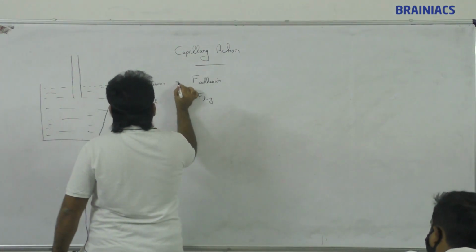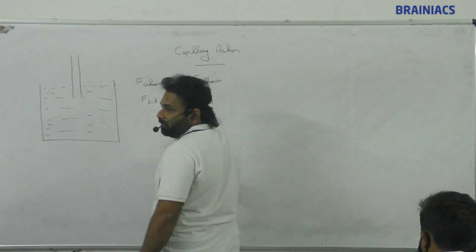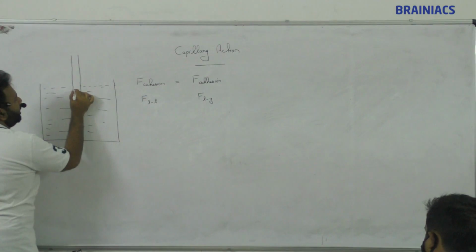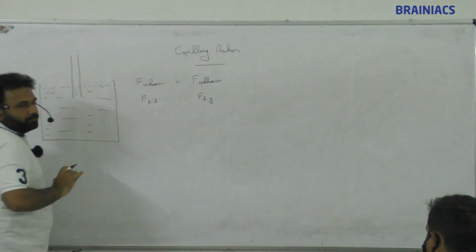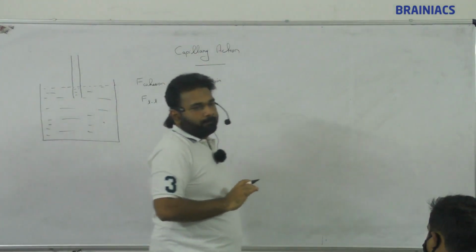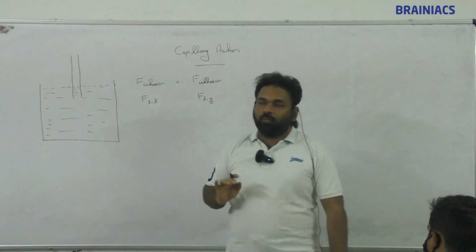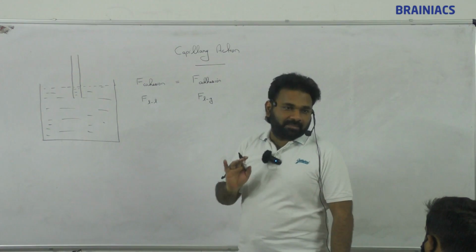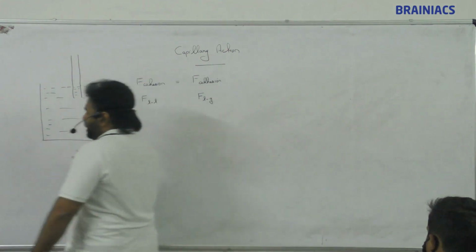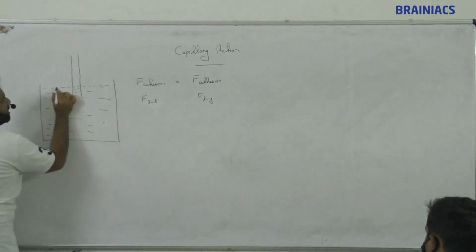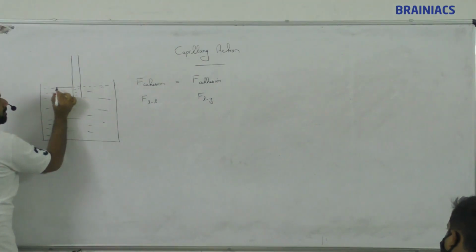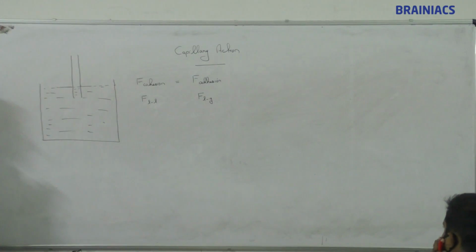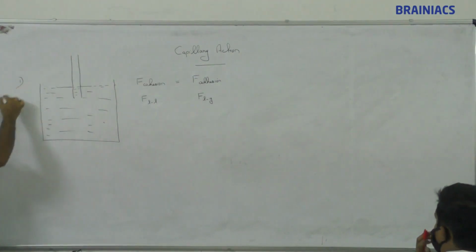Suppose if they are equal, then this capillary rise will not happen. There won't be any meniscus. It means this level will be the same like this. Okay, so this is one case.